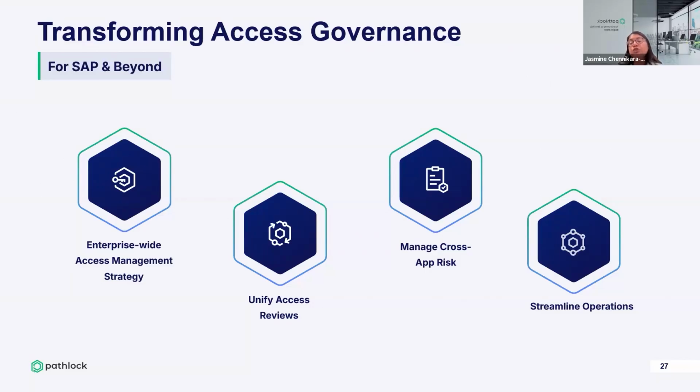And finally, you're streamlining your operations. By automating reviews, centralizing and standardizing access to those enterprise roles, you cut down on administrative overhead and free up your teams to focus on higher value work. So you're supporting efficiency today, and you're supporting scalability for tomorrow.